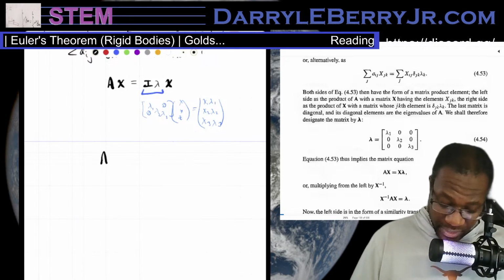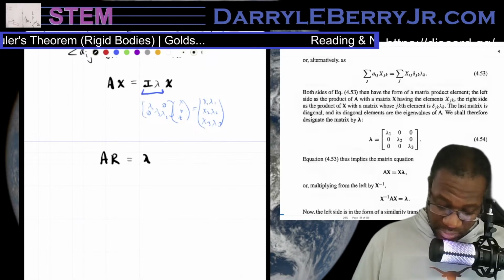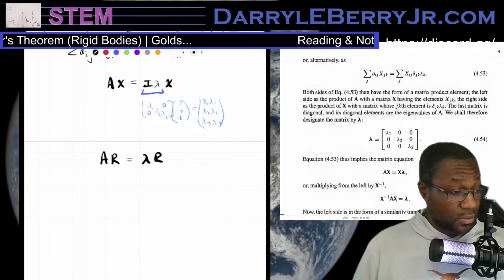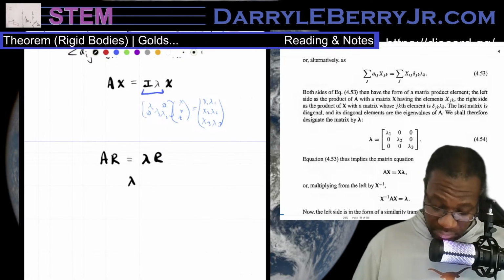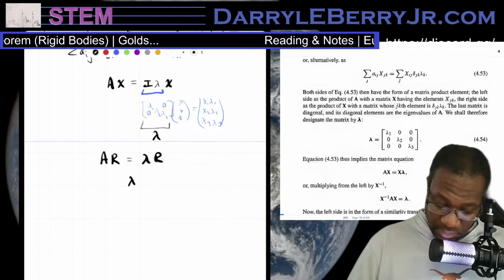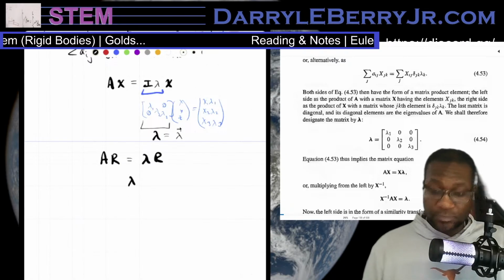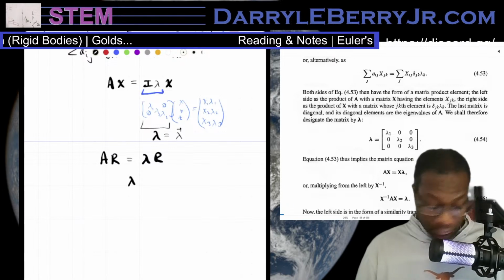So then we have A r equals lambda. Easy enough.